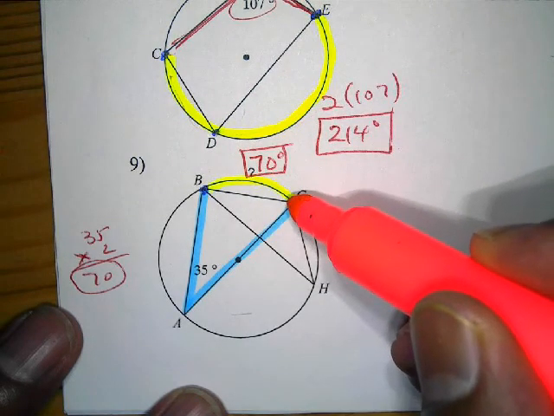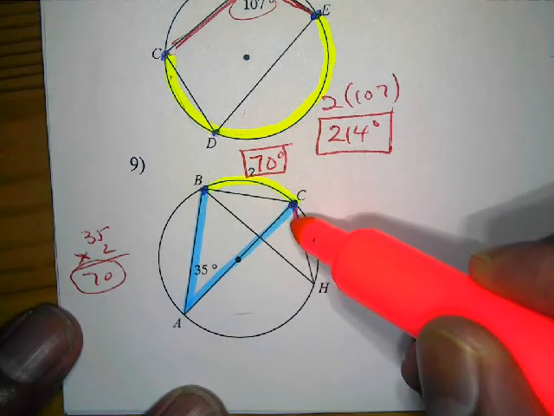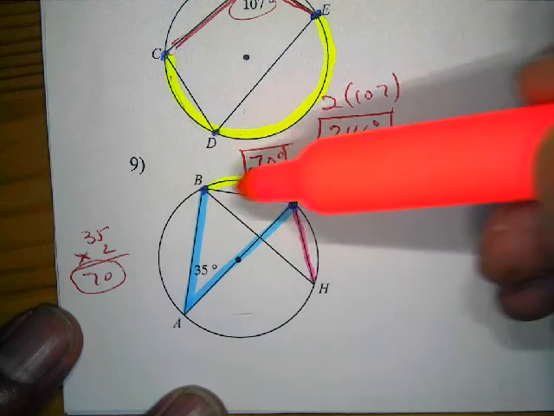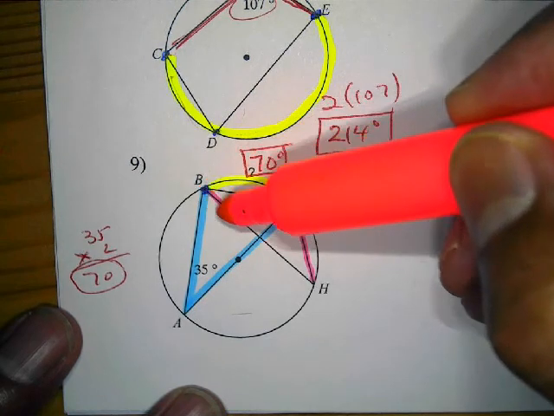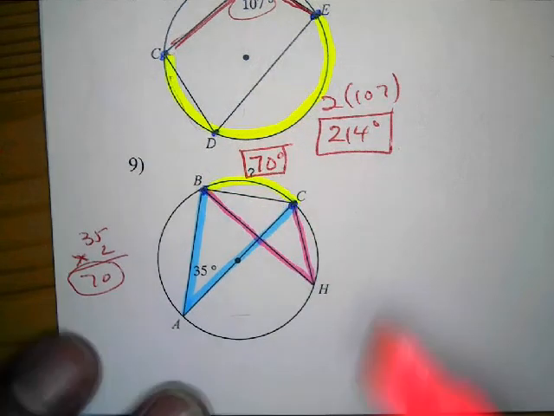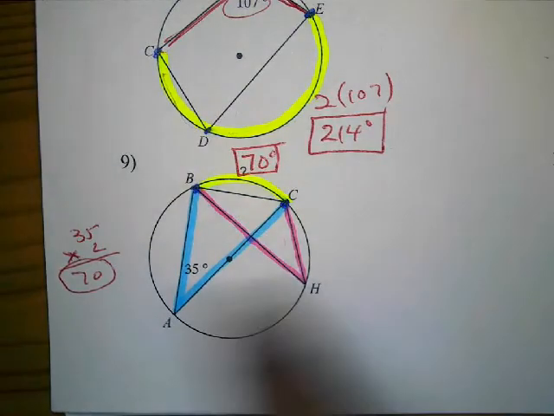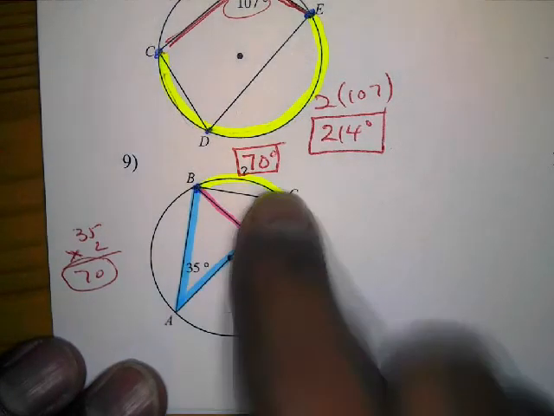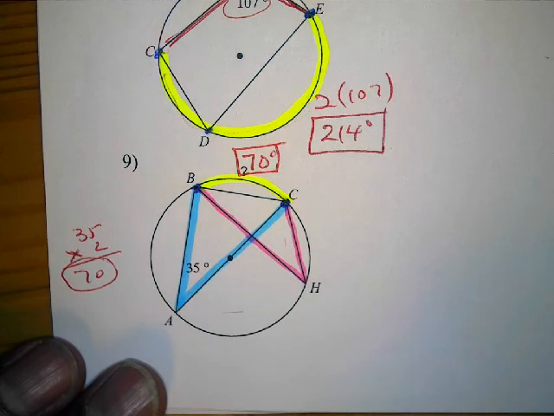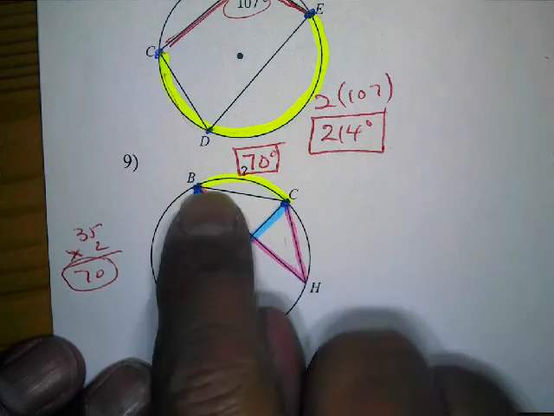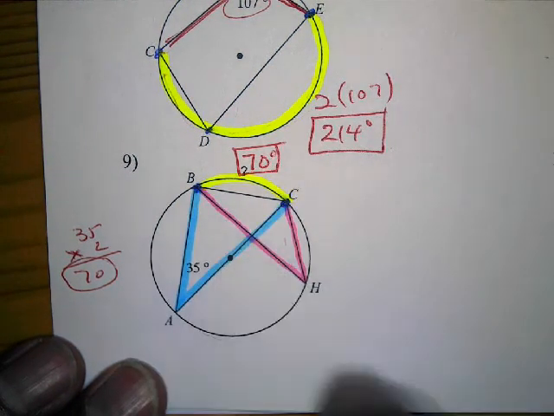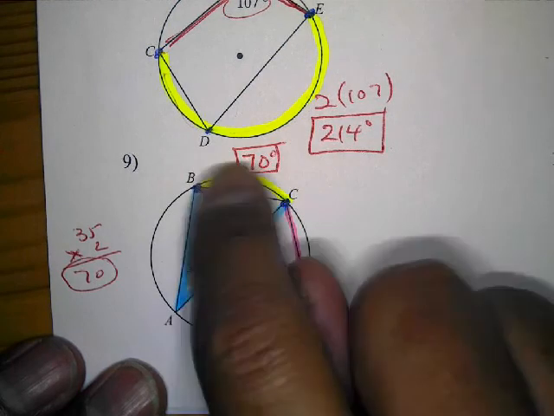Now, isn't it true that this point where this arc is, is also where this line is, and this is also where this line is, and don't these two other lines over here also make this arc 70? Yeah, it does, right?